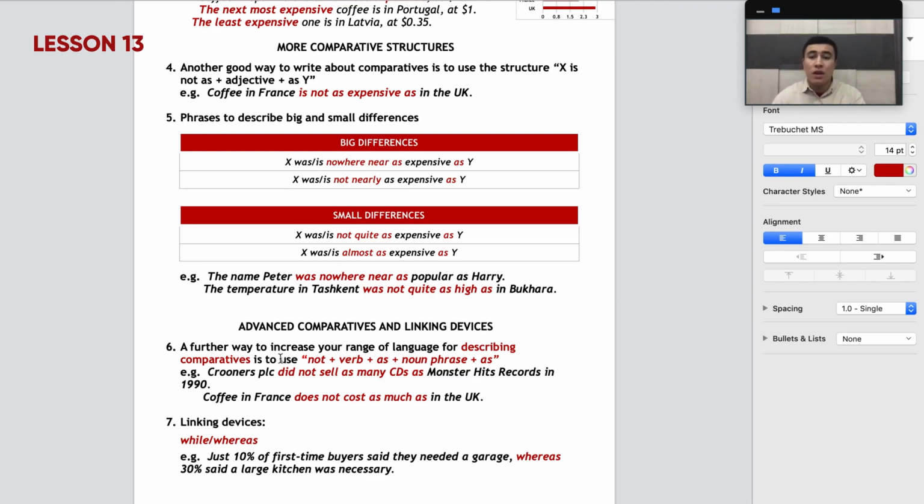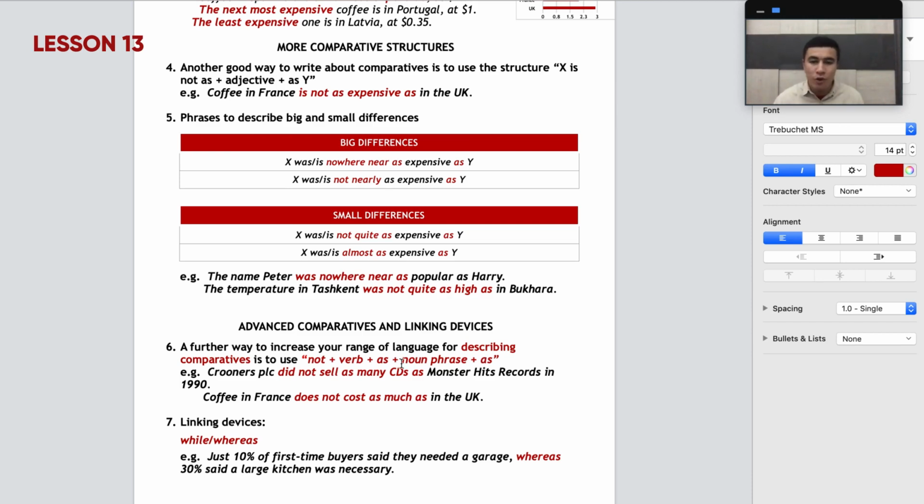So of course, you can use not, verbs, then as, the noun phrase, as structure to describe comparatives, and of course, this is, let's say, higher level language and structure.